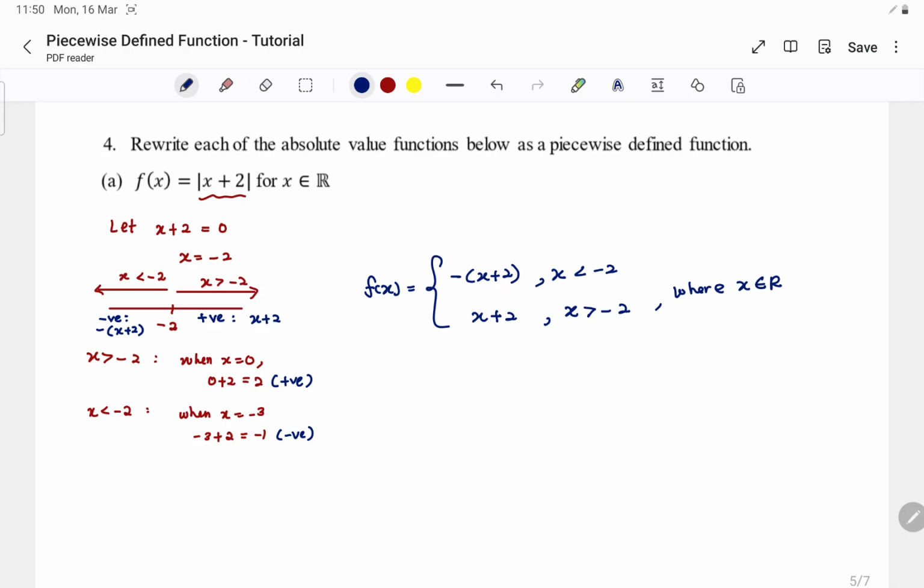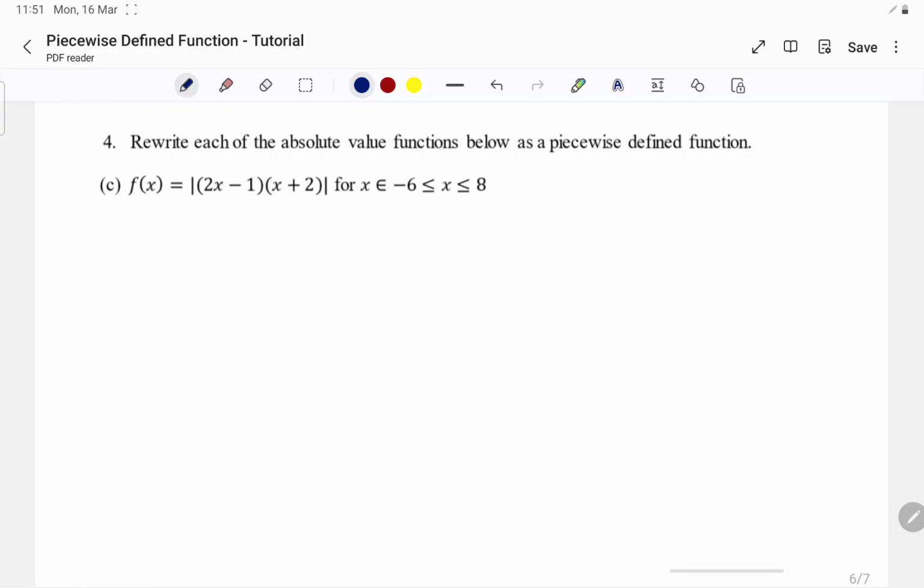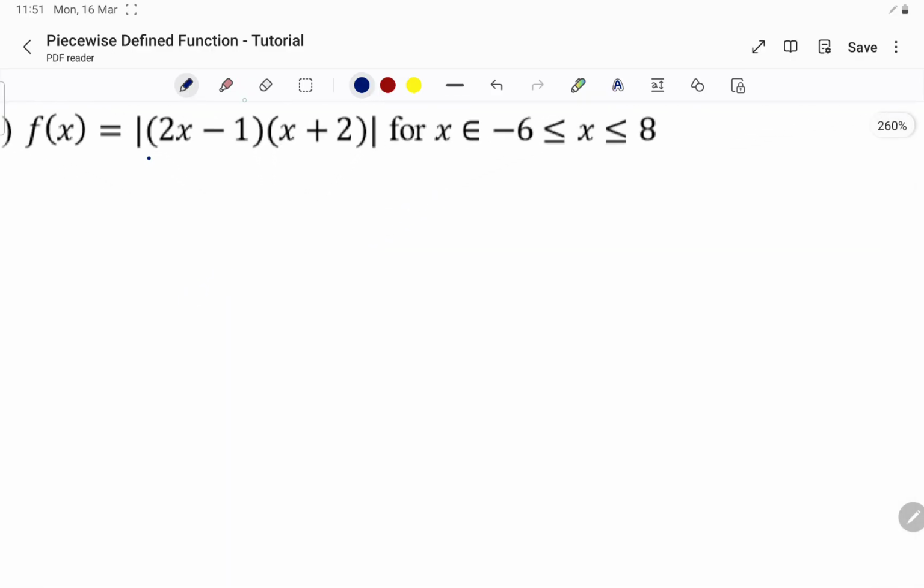Now for question B, you can attempt on your own, yeah. So I will proceed to question C. For question C, you have to rewrite also the same question. Rewrite the absolute value function below as a piecewise defined function. But then this guy, inside the absolute value you have two expressions like this.